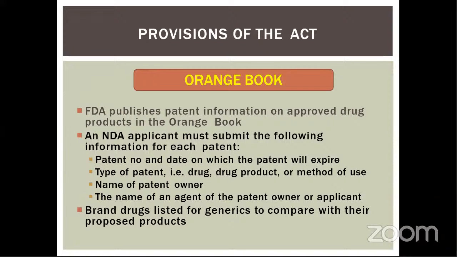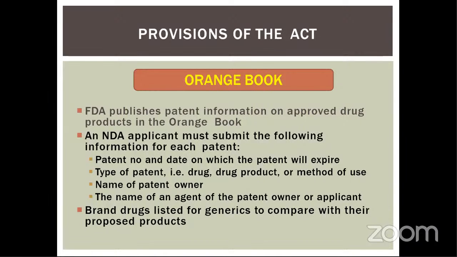Now, what is the Orange Book in detail? This Orange Book is published by the Food and Drug Administration, FDA. They publish patent information on approved drug products in the Orange Book. An NDA applicant must submit some important information for one particular patent. For example, patent number, date on which the patent will expire, and type of patent, that means whether it is a drug patent or product patent, or method of use.